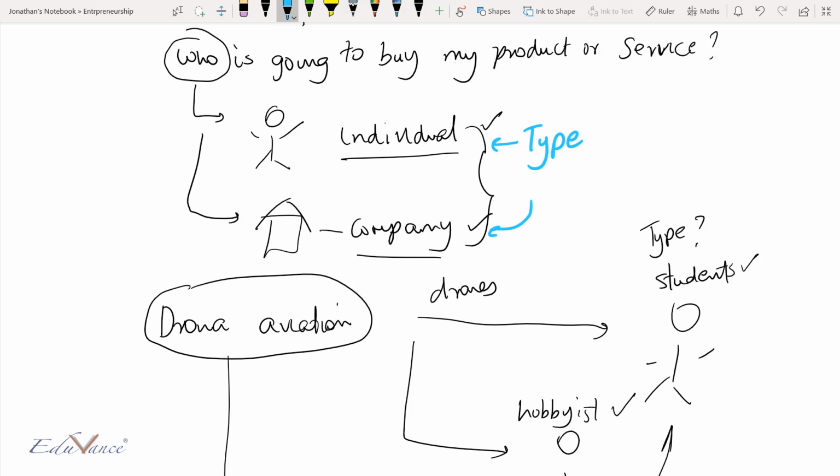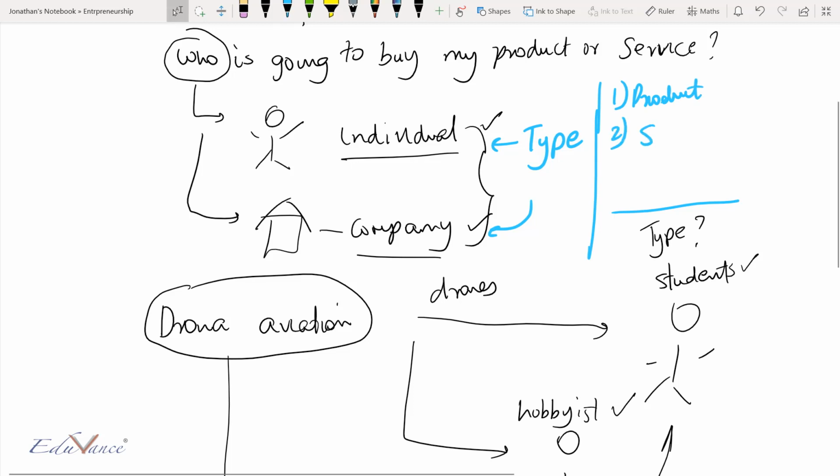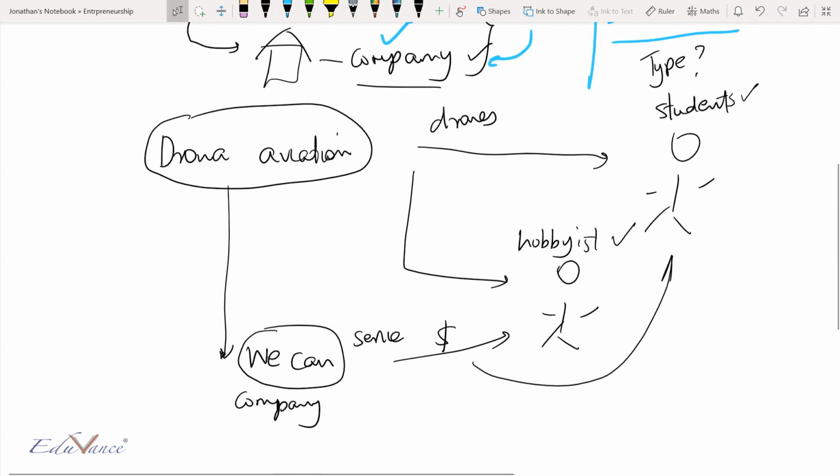This is very important because depending on who your customer is, you will design the product accordingly. You will decide how to sell the product. And another important factor is you will decide the cost of the product depending on who your individual is or who your company is.